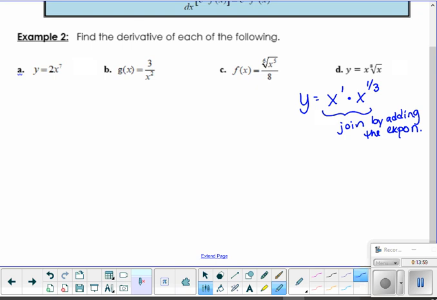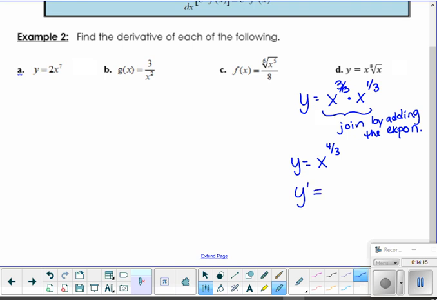Now, that's going to give me y equals x to the 3/3 instead of 1. 3/3 plus 1/3 equals 4/3. And then I'm ready now for the derivative action.